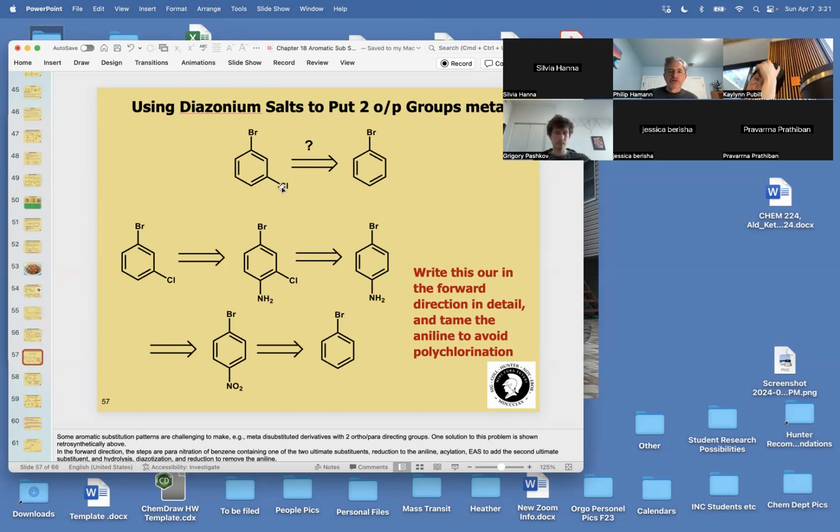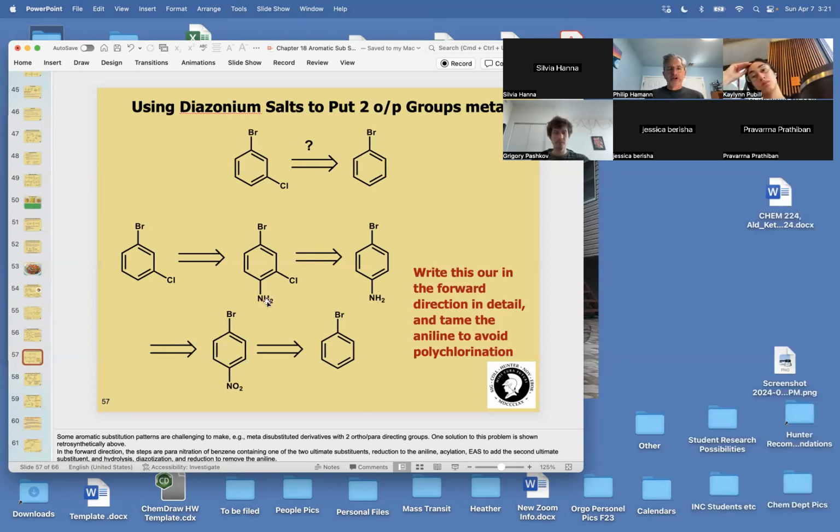So the trick is to start, I've chosen to start with bromine on the ring. You nitrate it, that's going to go para, that's fine. And then you reduce that to aniline, and now the aniline is much, much more strongly directing than the bromine. So you can take that and chlorinate it. You're probably going to make the amide, chlorinate it, then cleave the amide.